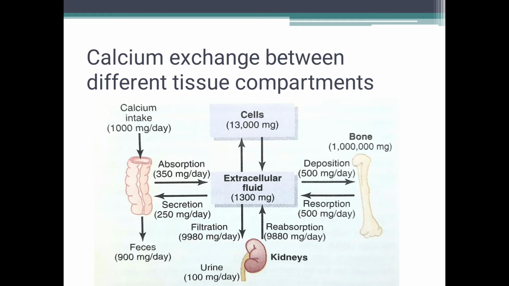Of that 99%, 90% of the calcium will be reabsorbed in the proximal tubule, loop of Henle and early distal tubule. And the remaining 10% will be reabsorbed in the late distal tubule and early collecting duct.